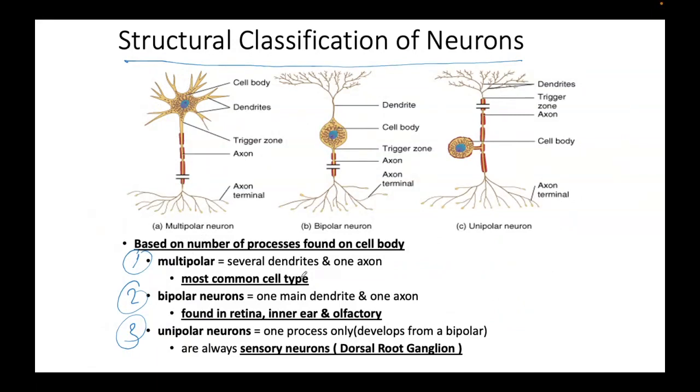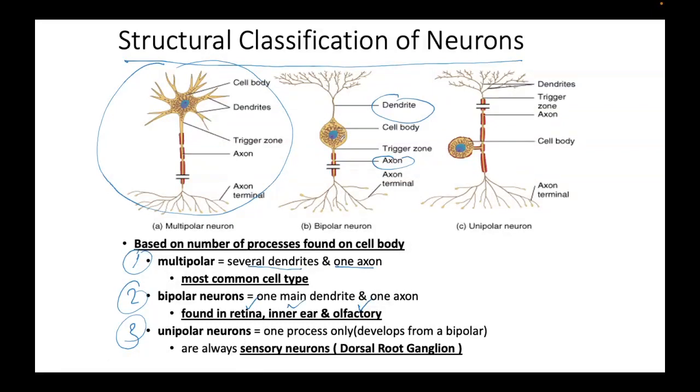And this is the most common cell type that we have. Several dendrites, one axon, that's this right here. That's a multipolar neuron. A bipolar neuron is when you have one main dendrite and one main axon. That's bipolar. These are found in the eye, the ear, and the nose. Okay, it's kind of like your special senses.